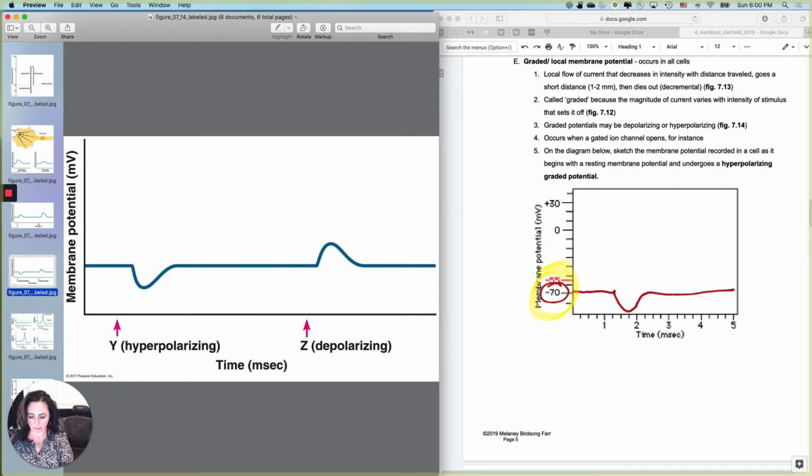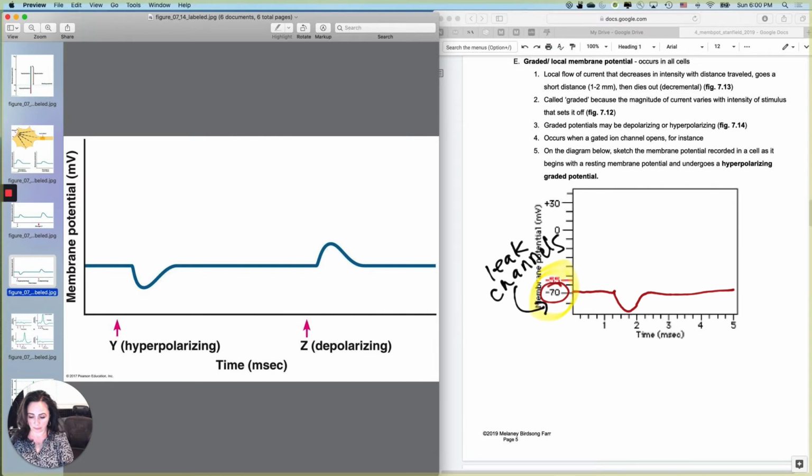Remember that minus 70 was because of leak channels. And remember that in order to get to minus 70 initially, the potassium leaked faster because there was a greater concentration gradient and because there were more potassium channels. So leak channels importantly got me to minus 70.